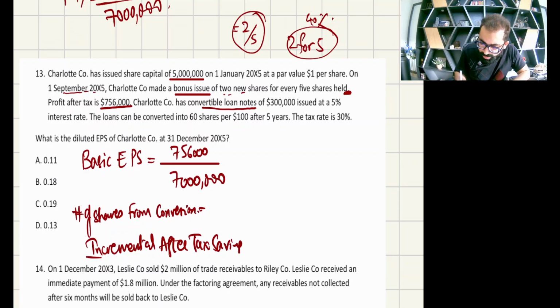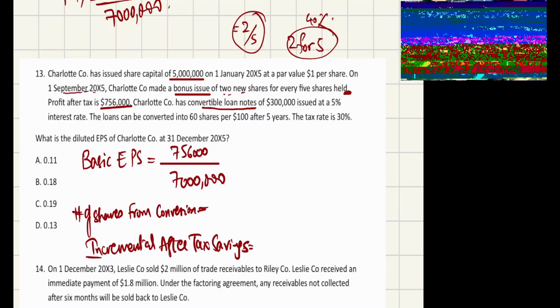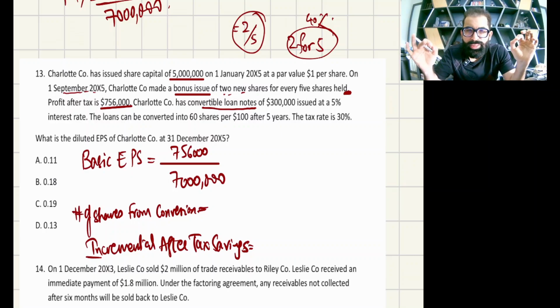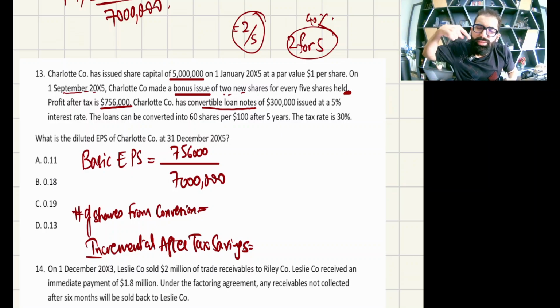Now wait. You know how you do this? You will close your eyes and think over it. Listen, in reality these loan notes will be converted into ordinary shares in future.